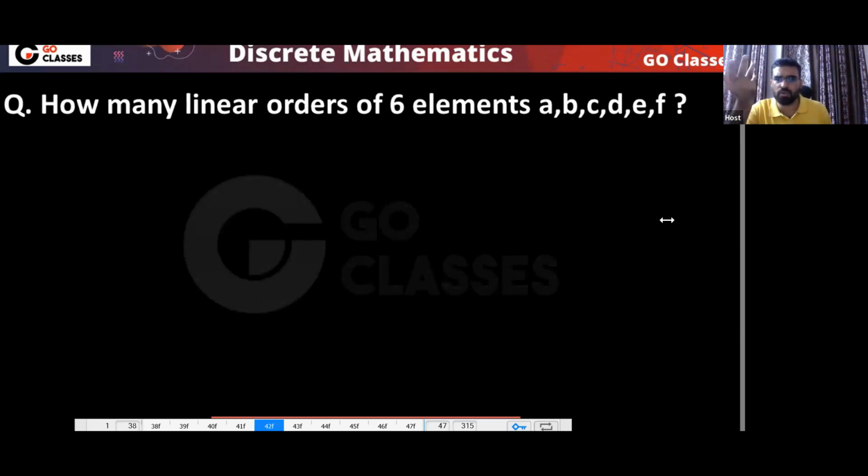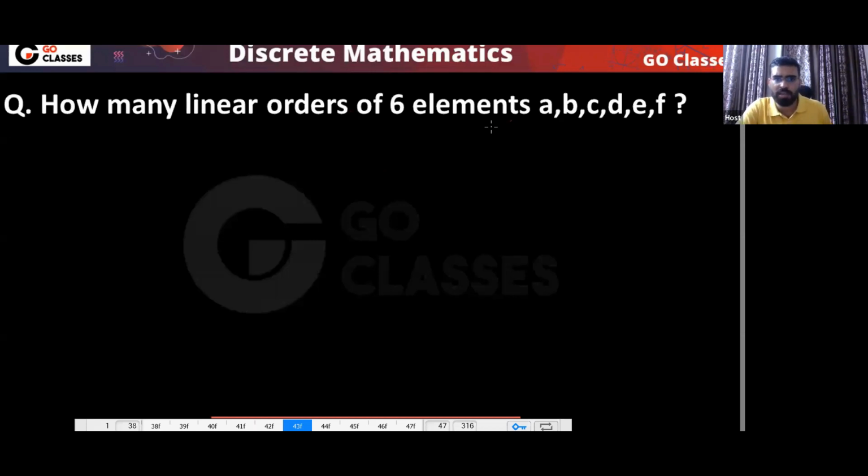Please apply the product rule. Factorial and all these are fancy words. The basic things are the product rule, summation rule, division rule. Become expert in them, and you will become expert in anything. That is the reason I want you to become expert in the basic fundamental concepts.